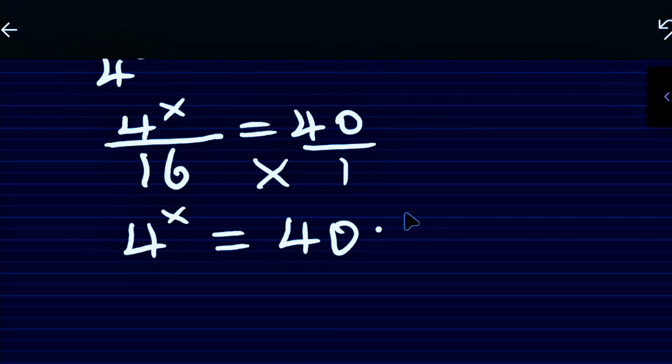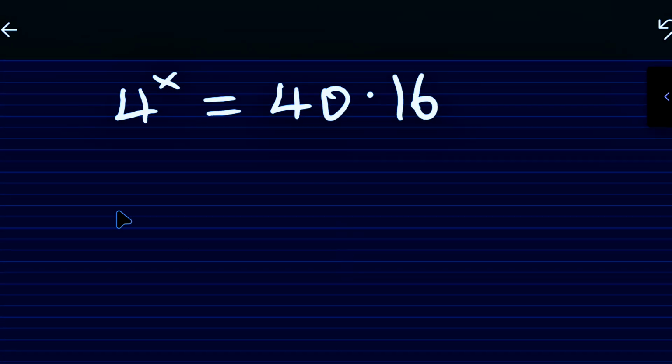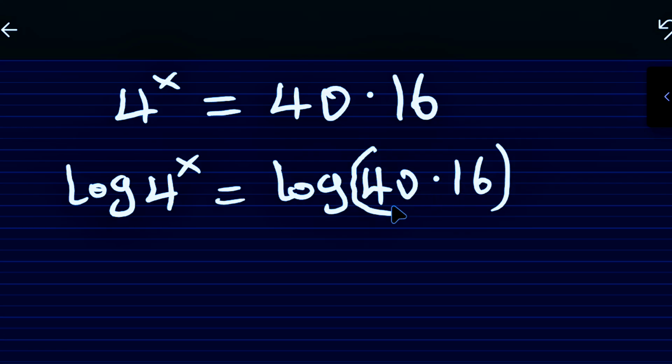This is equal to 40 multiplied by 16. For us to solve further from here, we are going to apply log on both sides. So we have log of 4^x equals log of (40 multiplied by 16), let's put this in parentheses.